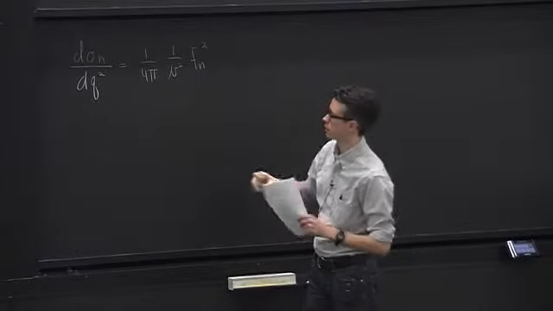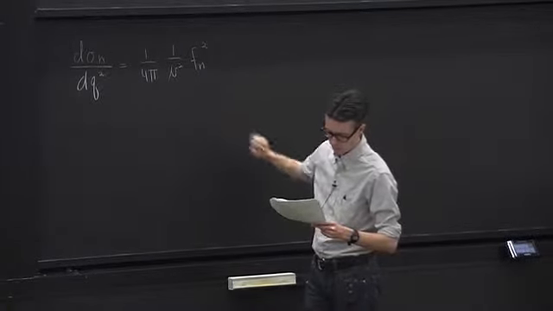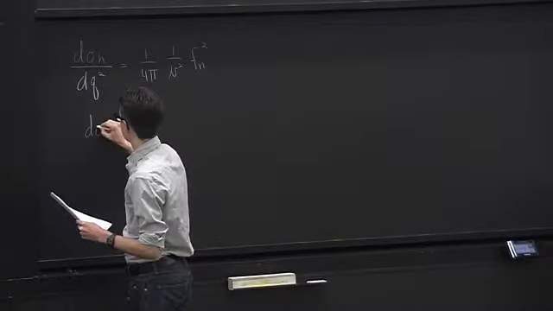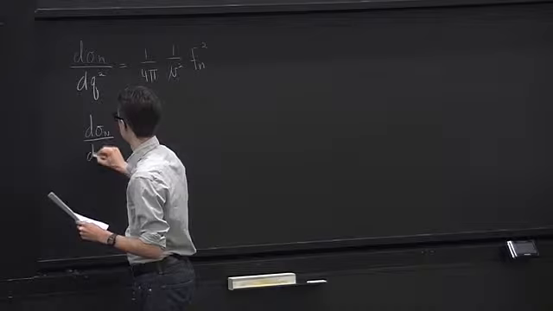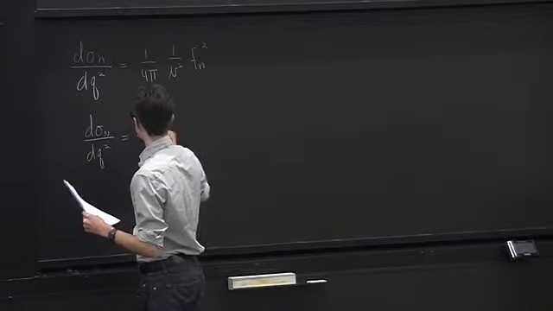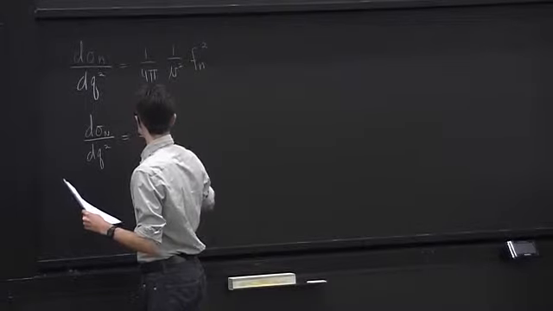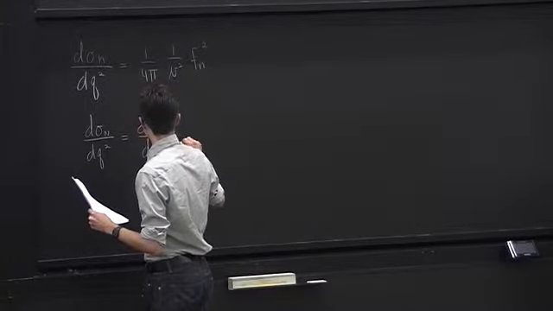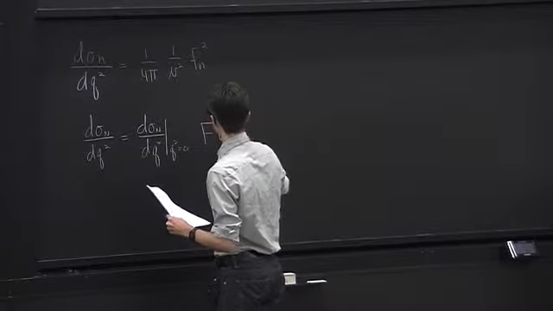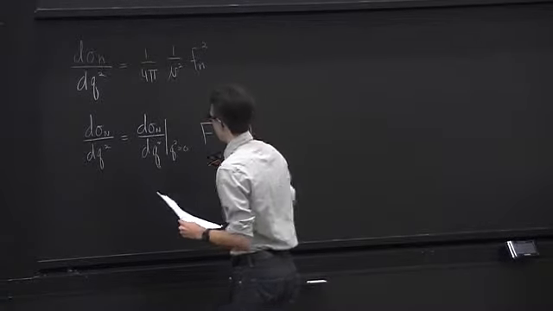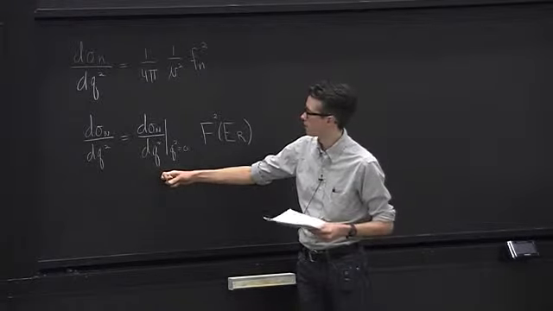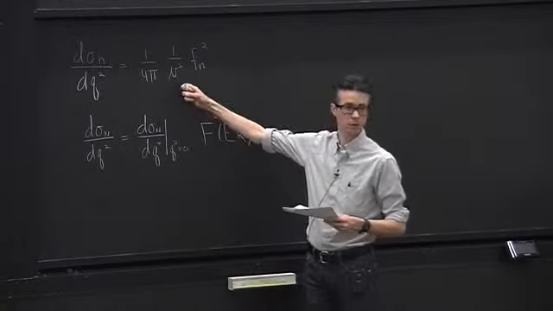And then to convert the single nucleon result to the nuclear result, we use the same trick: d sigma_n over dq squared at q squared equal to 0 times the form factor. And as far as this goes, it gets coherent contributions from each of the nucleons.